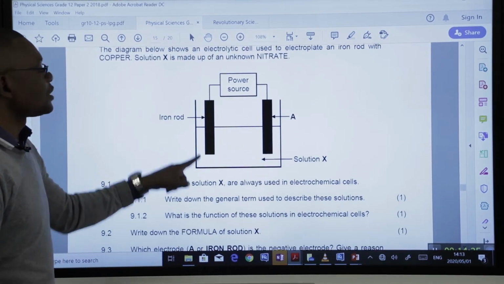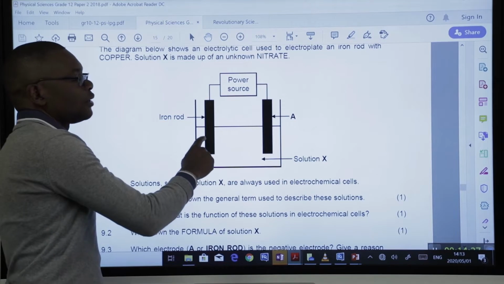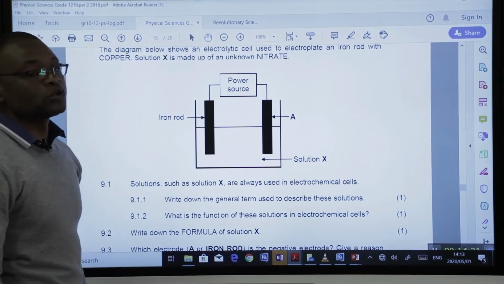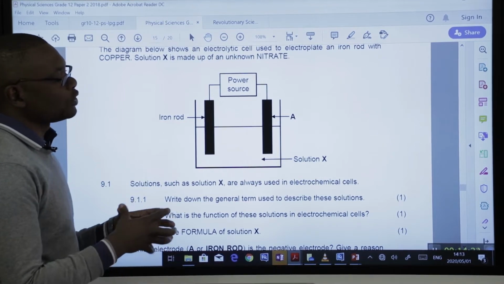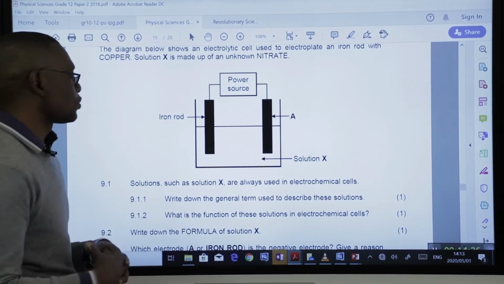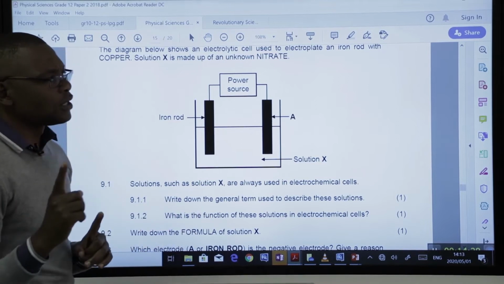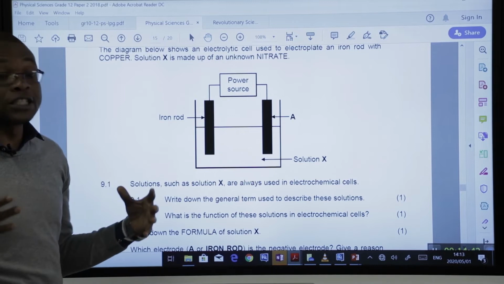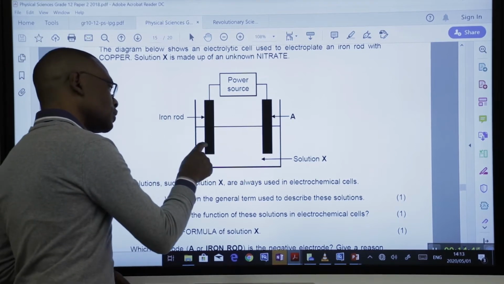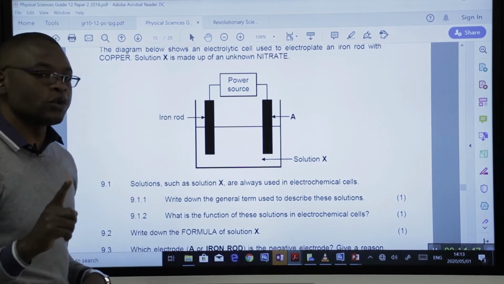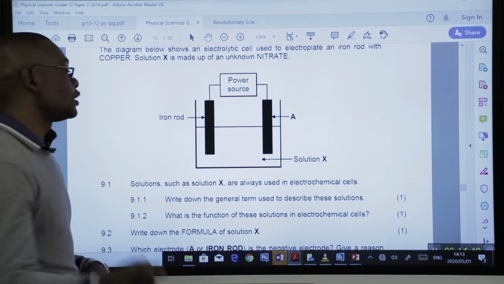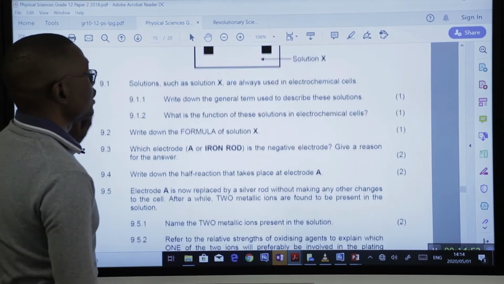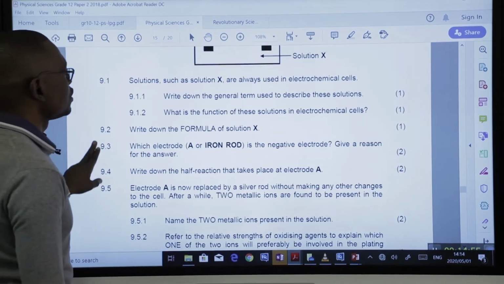So what it means is that this iron rod is going to end up having copper ions surrounded around it, okay? So from that, we can make an intelligent prediction that since the iron rod is the one which is going to be electroplated, then it should be the cathode, while A should be the anode. Let's see as we answer the questions that follow.